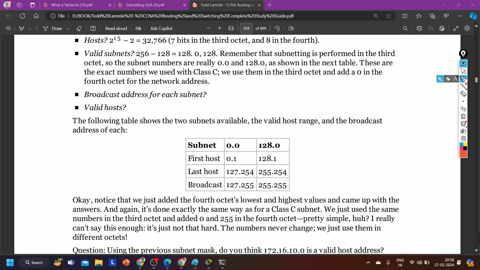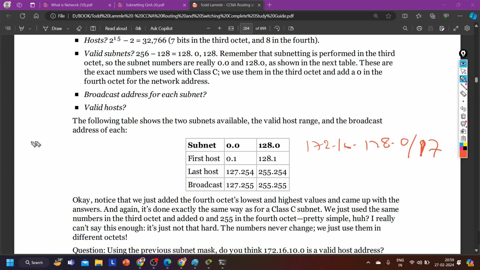Yeah, tell me now. 172.16.128.0, that means slash 17. So it is the first network address, I think.